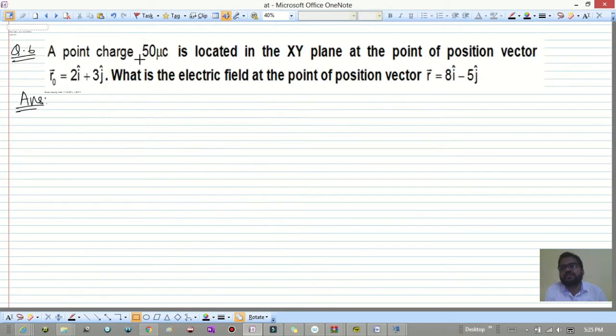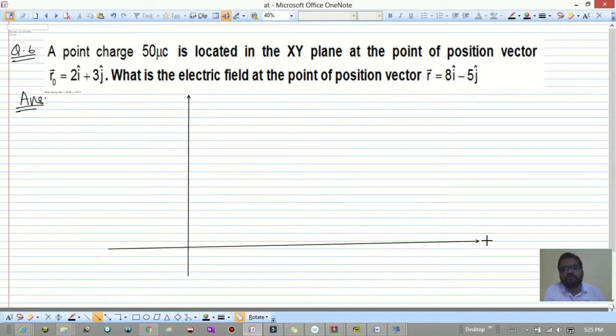Next question, as you can see, a point charge 50 microcoulomb is located in xy plane at the point of position vector given 2i hat plus 3j hat. Now I'll just draw the xy plane over here. And they give 2i hat plus 3j hat, indicating a point in the first quadrant.